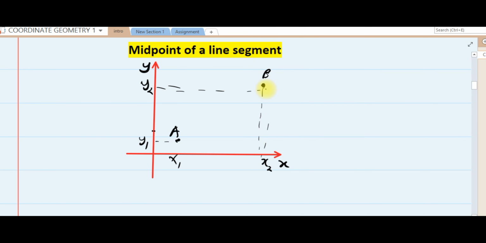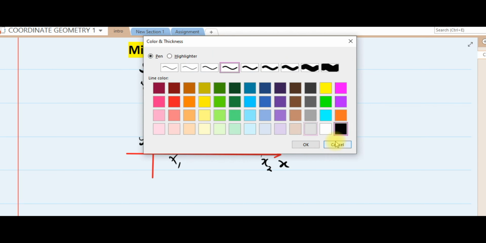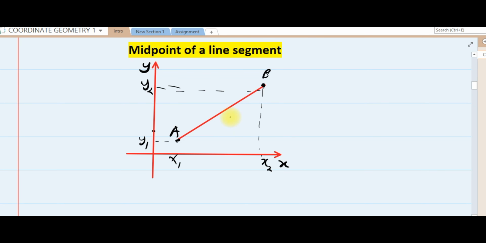So our main aim is to find the middle of the line, the midpoint. So assuming this is the line, we have to find the middle.